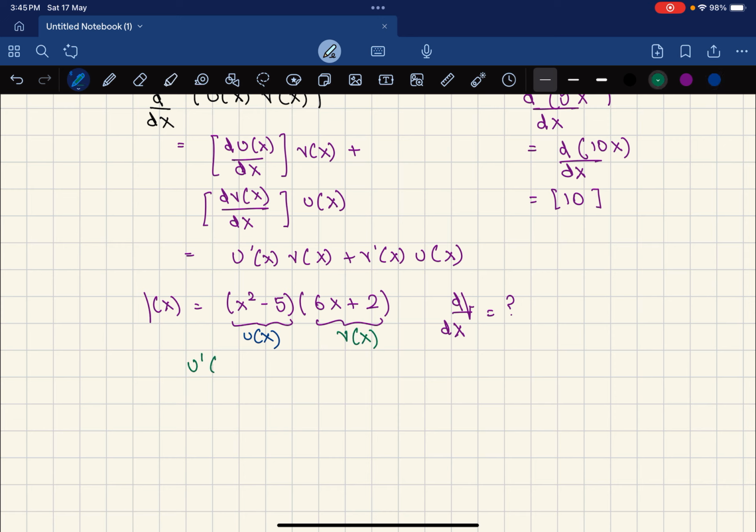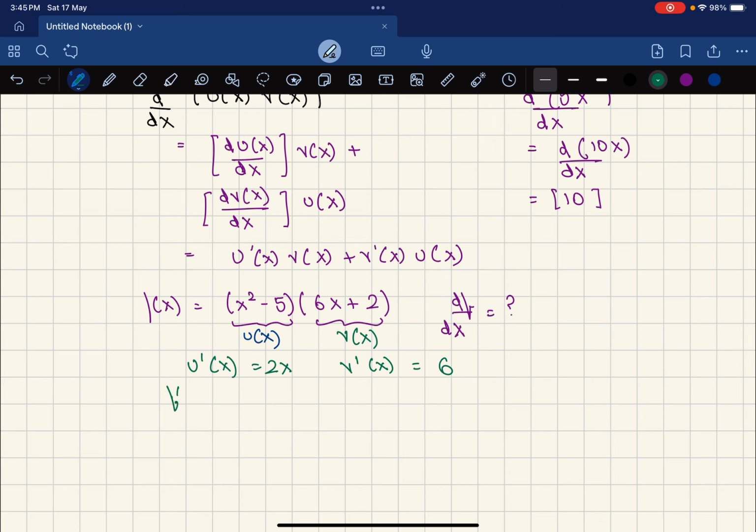Now u dash x, or the derivative of u with respect to x, is 2x, since the derivative of x square is 2x and derivative of minus 5 is 0, since it's a constant, therefore we'll be left with 2x. And the derivative of v(x), which is v dash x, is given as 6, since the derivative of 6x is 6 and for 2 it will be 0.